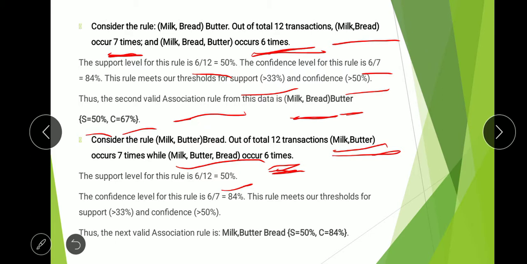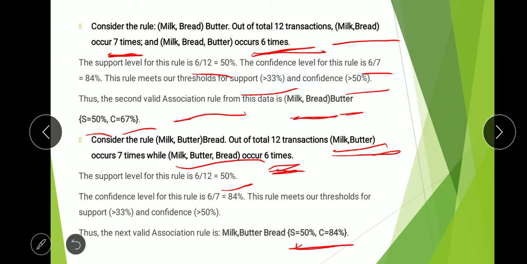Again this rule meets our thresholds for support greater than 33% and confidence greater than 50%. Therefore next valid association rule is milk, butter, bread with support is equal to 50% and confidence is equal to 84%. You have to mention this support and confidence. Okay. So this is our highest level association rule.